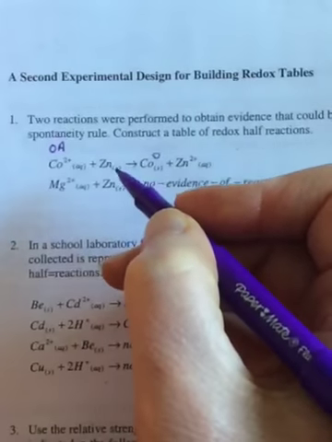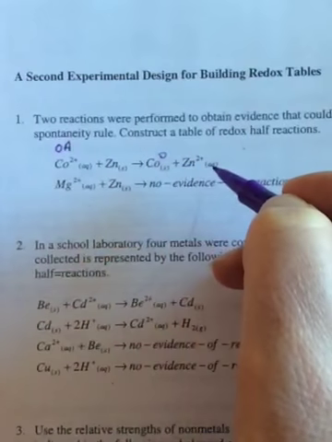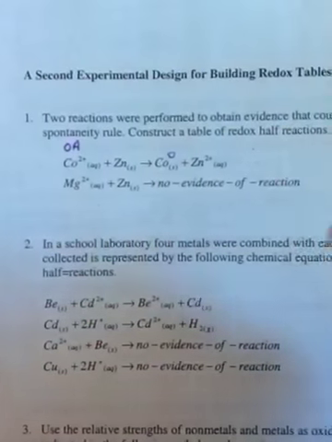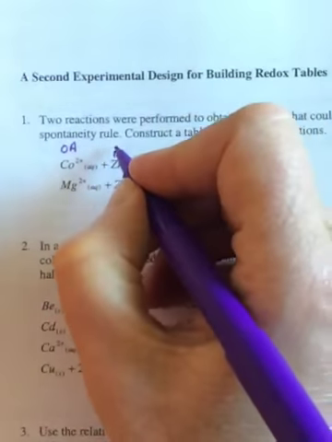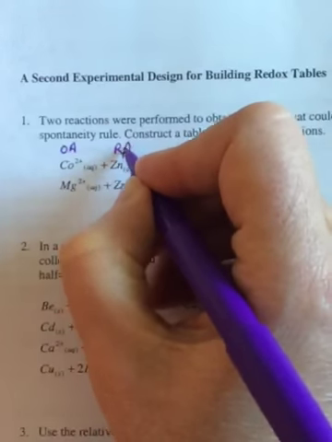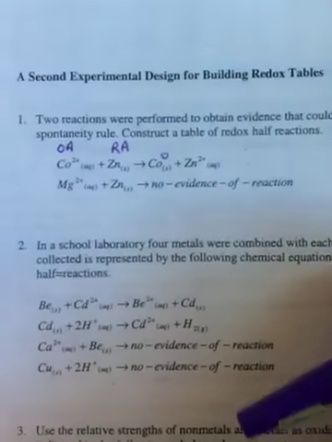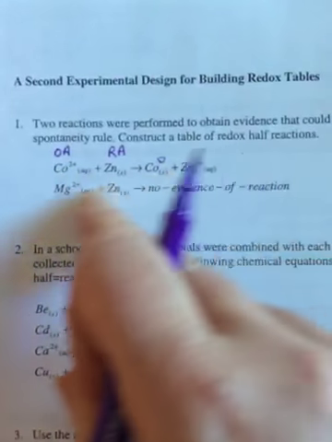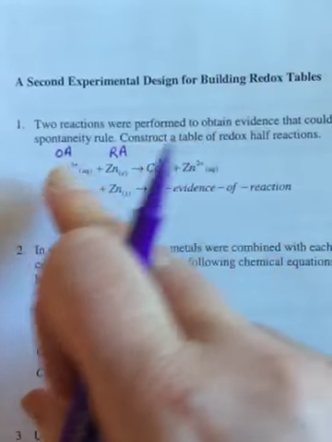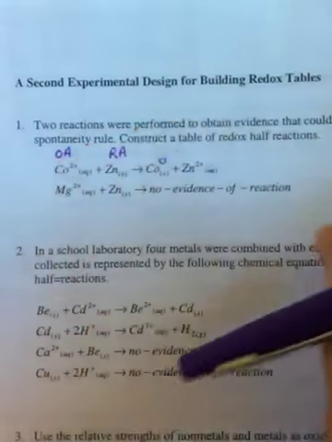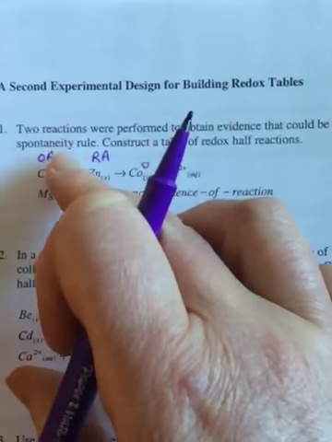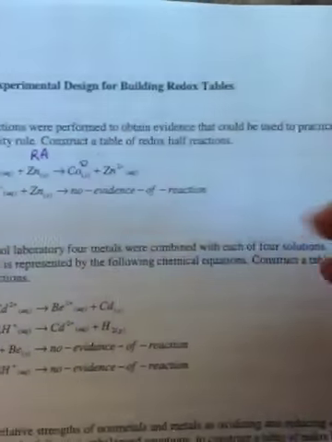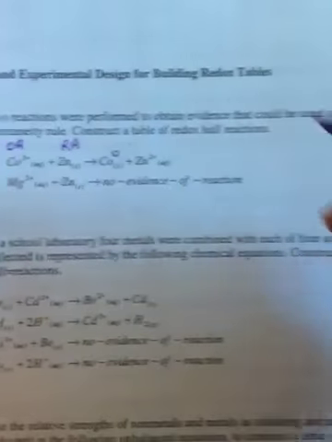If we look at Sn, it's a pure metal going to a metal compound, and so that means it's being oxidized, and if it's being oxidized, it's the reducing agent. Okay, and then we think of our spontaneity rule that says if it's spontaneous, which this one is because the products are written, then it means the half reaction for the oxidizing agent will be above the half reaction for the reducing agent.